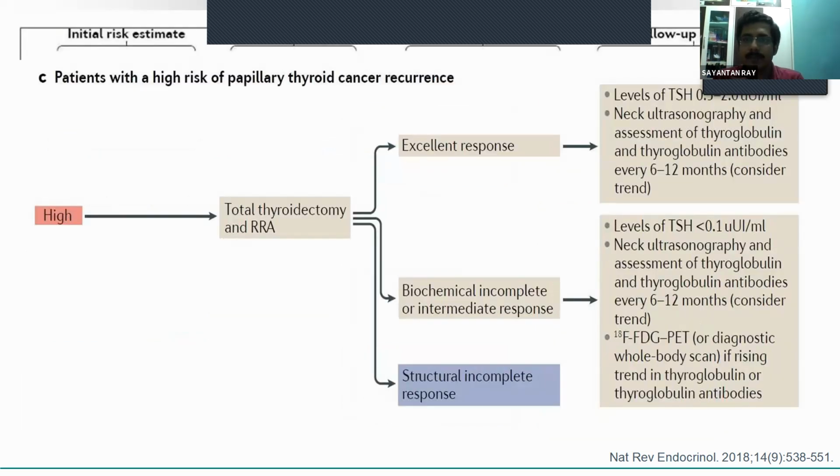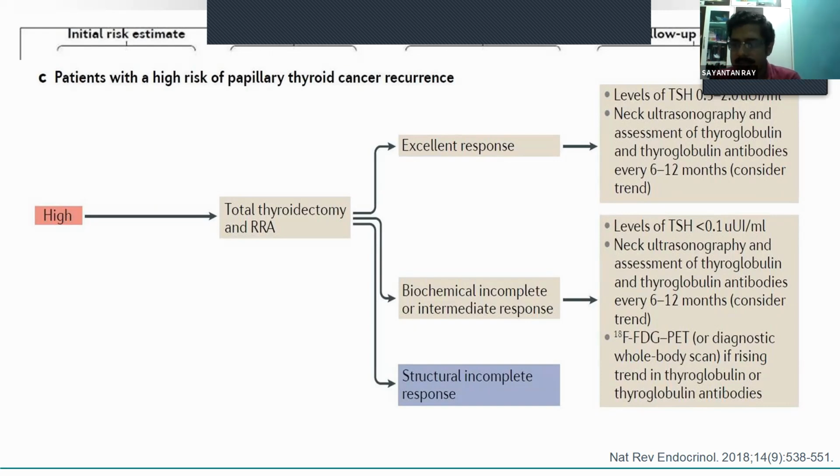Regarding the high risk, if there is excellent response, consider a suppressive TSH therapy and neck ultrasonography. But for biochemically incomplete or intermediate response or a structural incomplete response, the target TSH is less than 0.1. Neck ultrasonography recommendation is the same. And again, here also, 18 fluoro FDG PET or a diagnostic whole body scan if a rising trend in thyroglobulin or thyroglobulin antibodies. Now, what is important?